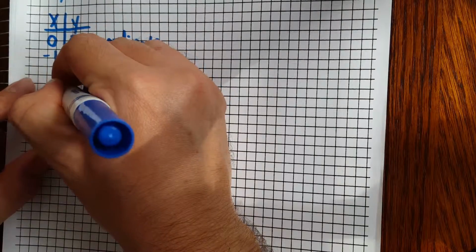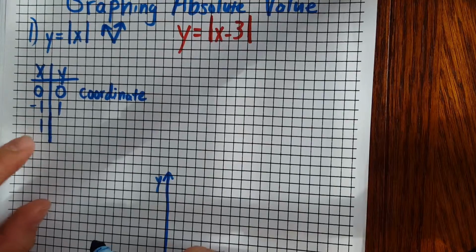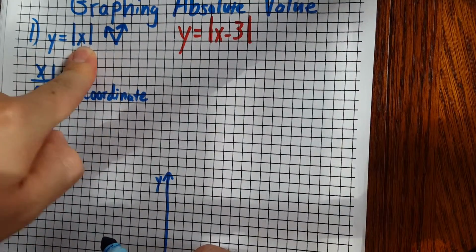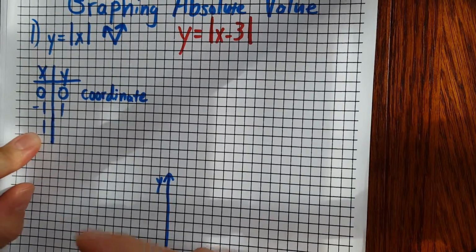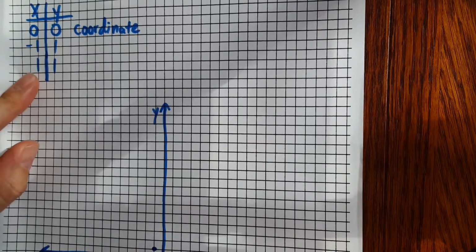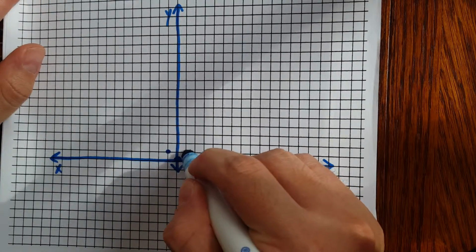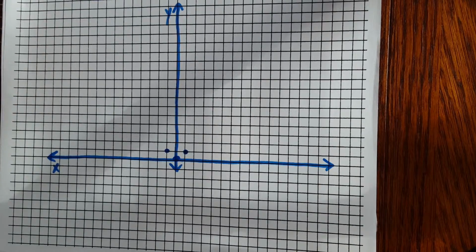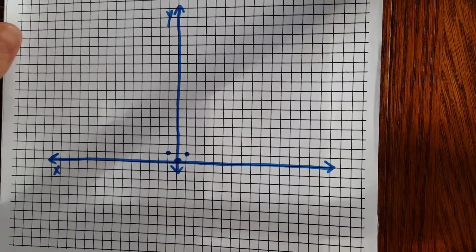Well, let's pick a positive number and see what I get. Say positive 1. When I put a positive 1 in here, it becomes the absolute value of positive 1, which is just positive 1. So that's another point that I could plot. So right here, positive 1 and another positive 1 puts me right there. Okay, so I think you could probably get the idea of this for now. I'll do negative 2 as a point so that you can see.